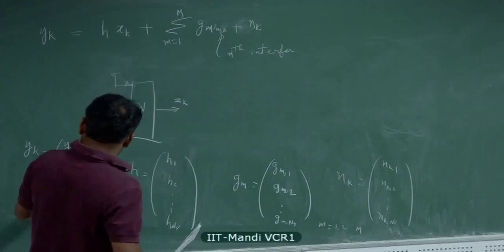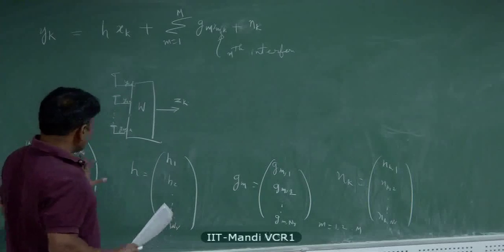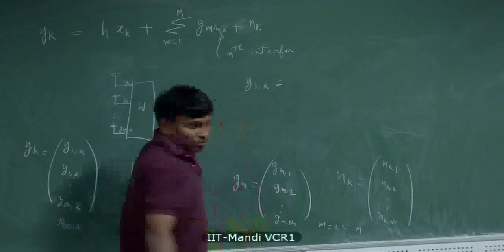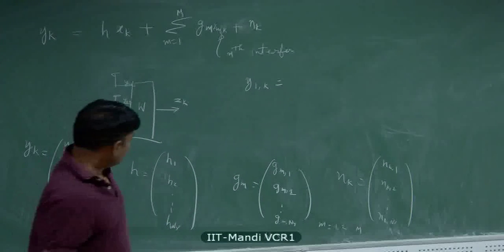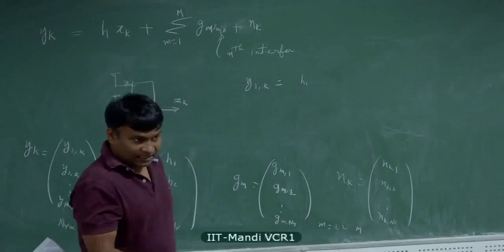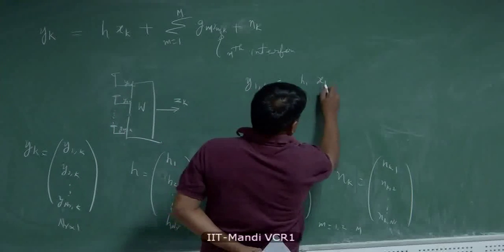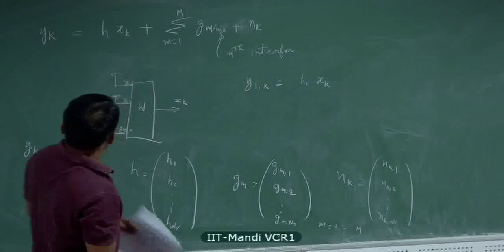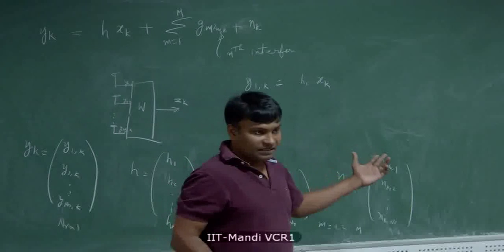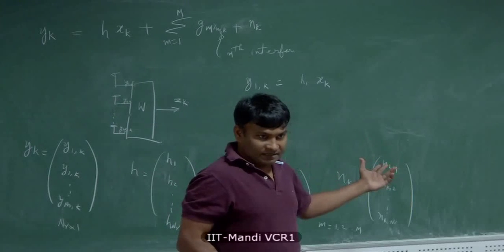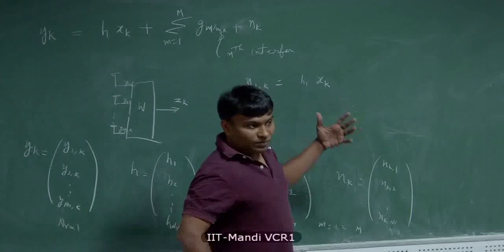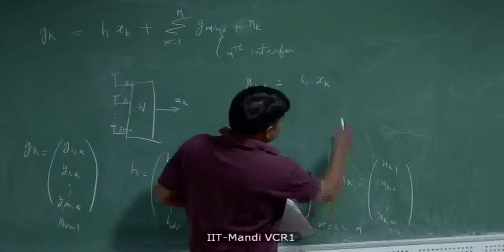Okay, so let's write the signal model explicitly for Y1K so that you will understand what's really going on. Take the first antenna and see what you receive. H1 is the channel gain observed on the first antenna, and XK is the symbol that you transmitted, called the intended symbol. That is what you want to detect. That could be from the first antenna of your own base station, or a base station with a single antenna.